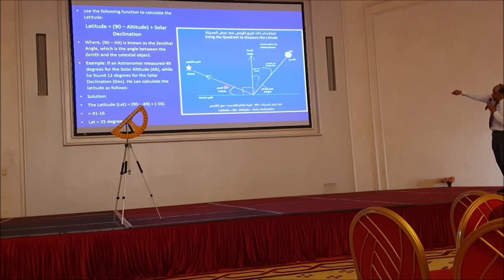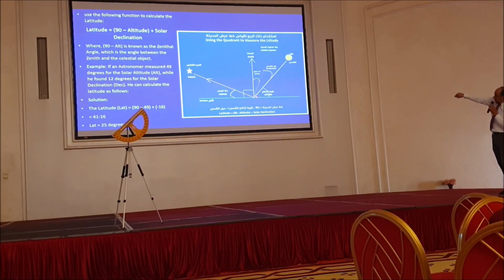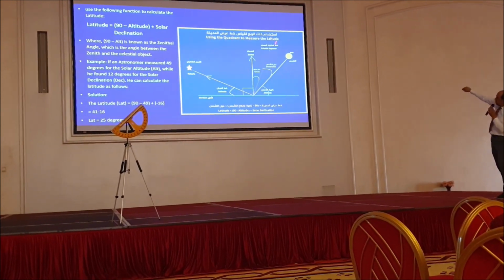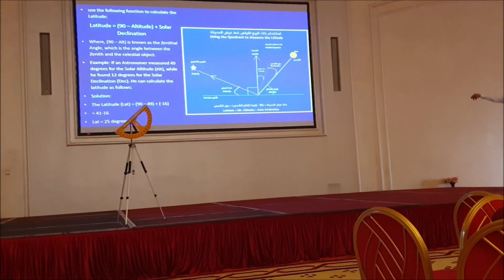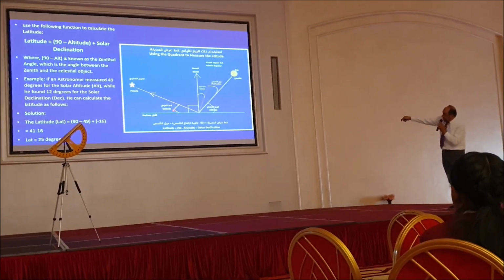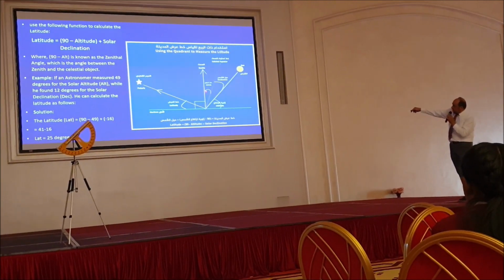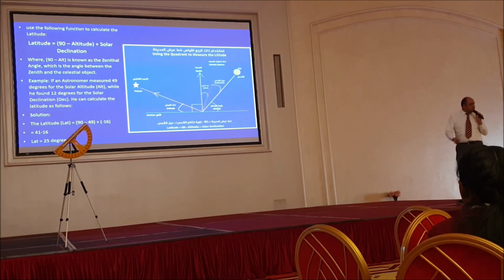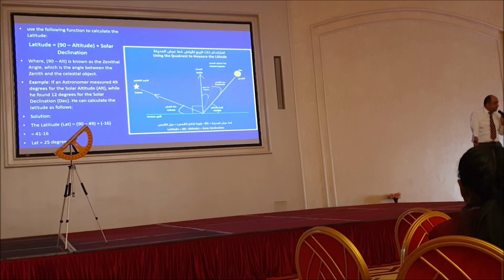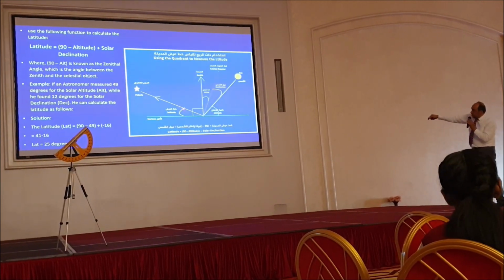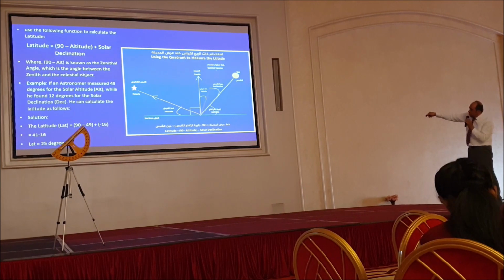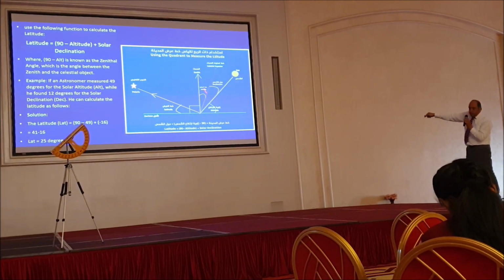The right angle from Polaris is the equator. It means that this angle is similar to this angle. Sixth grade mathematics, seventh grade mathematics. Very simple. This angle, which is the latitude, should resemble this angle.